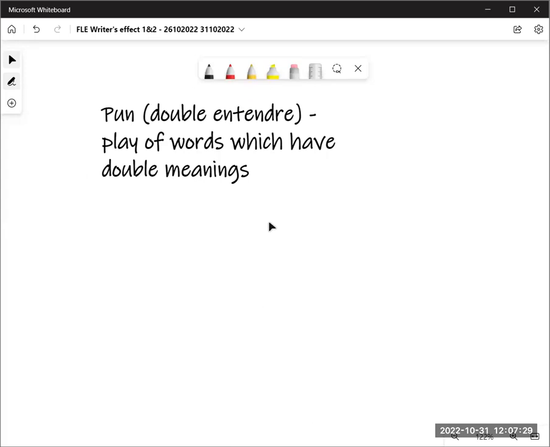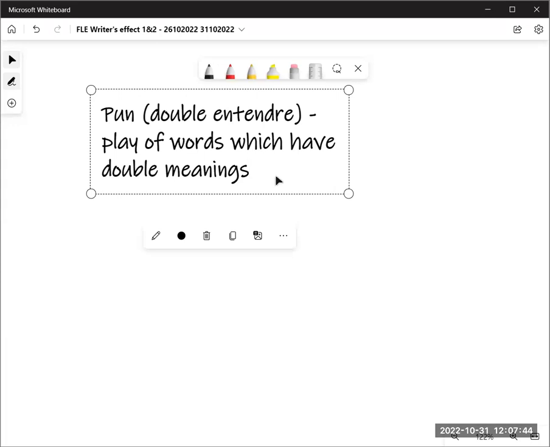Now they've changed it to pun. Well, it's not completely the same, but it is almost the same thing. It's basically play of words, when you're playing with words. You're adding a few things here and there, and what you're trying to do is have double meanings, right?